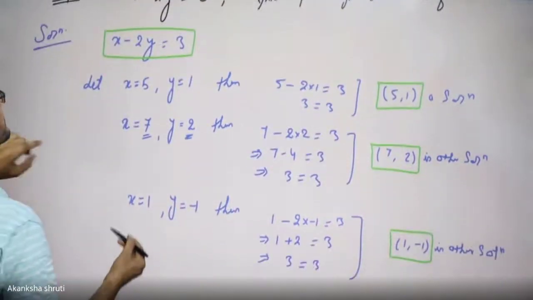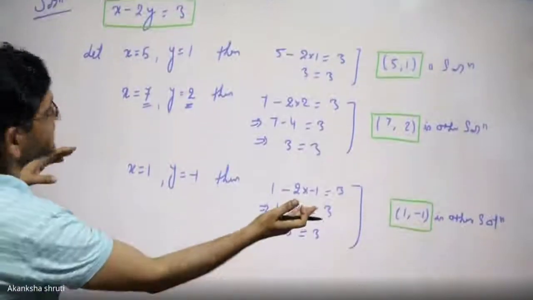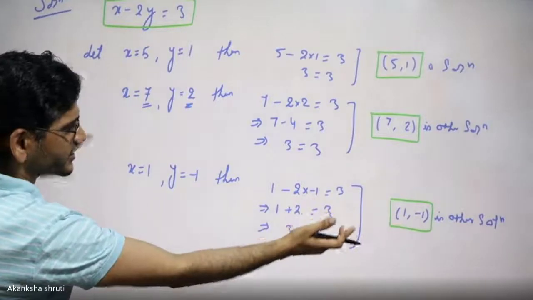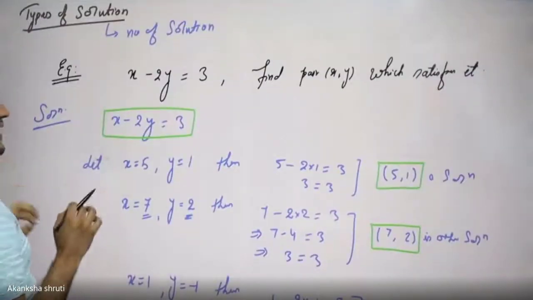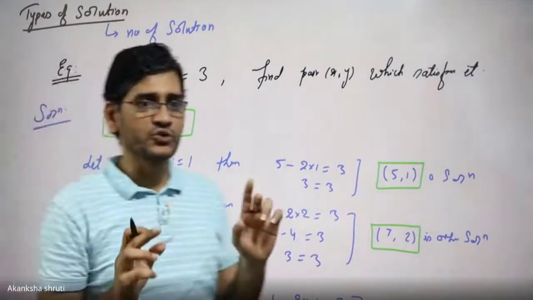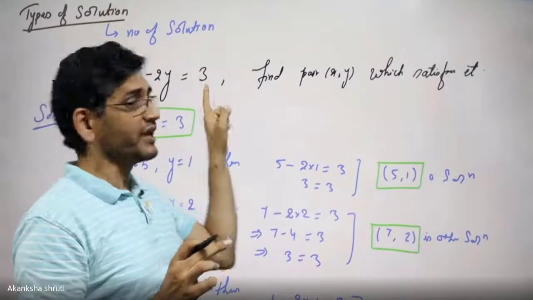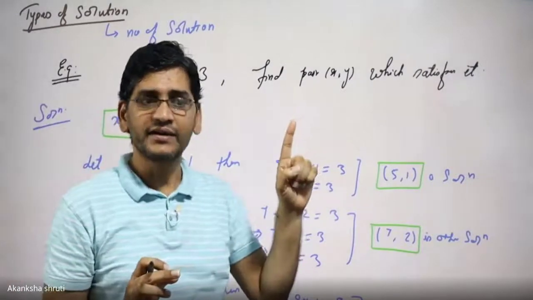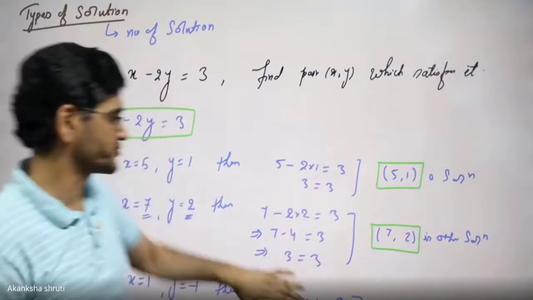Students, from here we can conclude that you can even write 20, 30, as many as you wish. So from here we have to conclude two things. One is, for a linear equation in two variables, when only one equation is there, it can have infinitely many solutions, a large number of solutions.